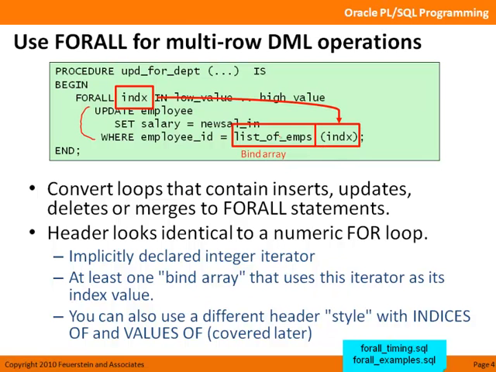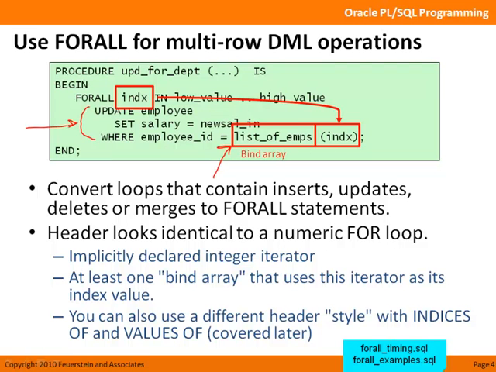And the index for that collection of values has to be the implicitly declared iterator. And once you set it up this way, you basically are telling Oracle at a very high, declarative level, okay, take over for me. You know what I want to do. I want you to find for every element in my bind array, generate a DML statement and then execute all those DML statements with one context switch in the SQL engine.